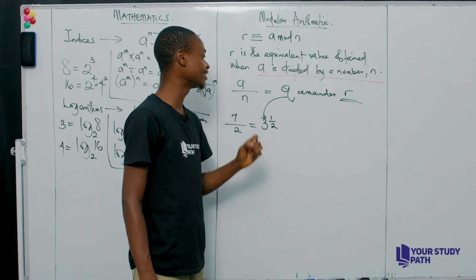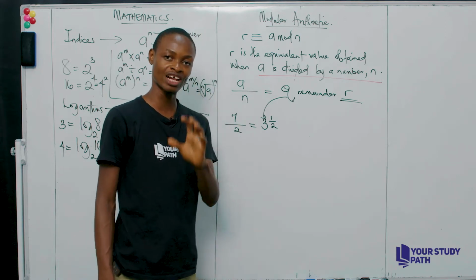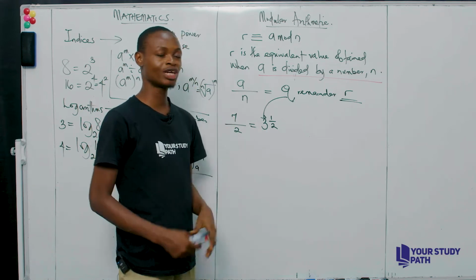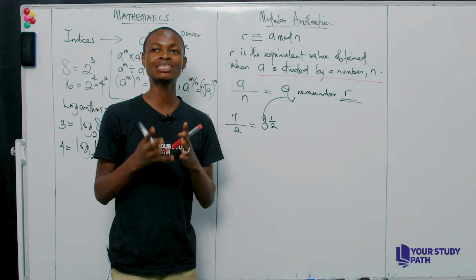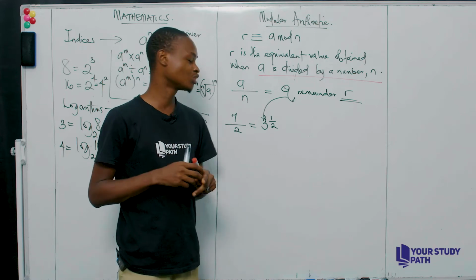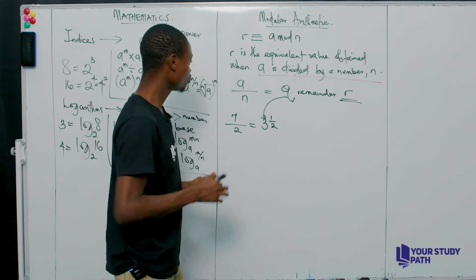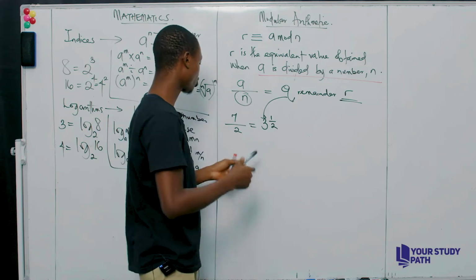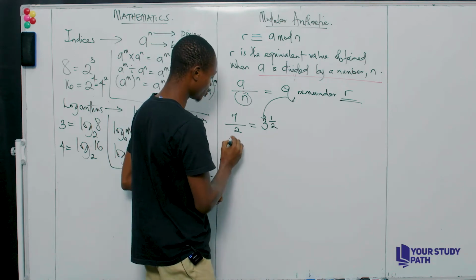That remainder is simply the equivalent value we obtain whenever a number is divided by another number. Now, how important is this value? We are going to be looking at it in detail. Do not forget that this number we are using to divide is what we call the modulo value.